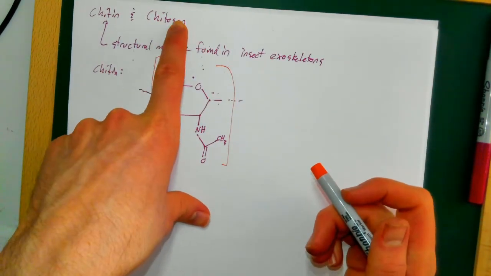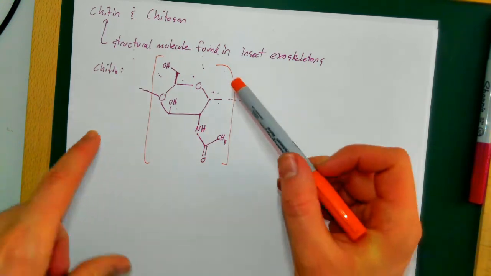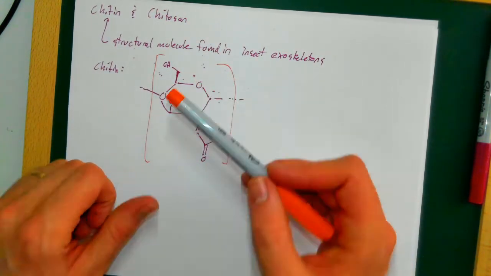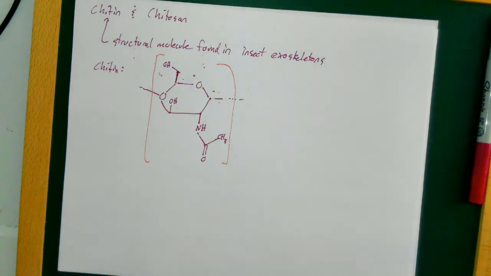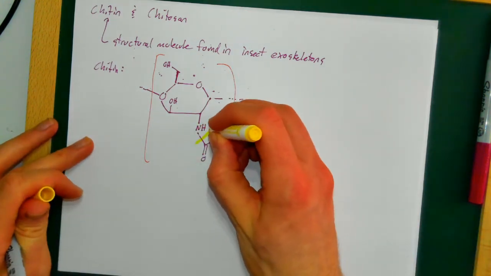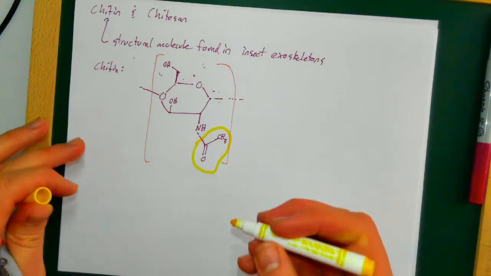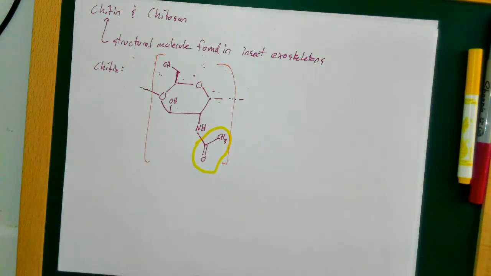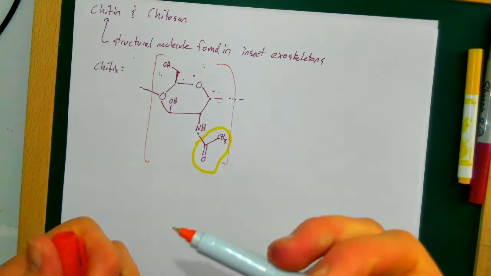Chitosan is a modified form of chitin, where the way we make chitosan is we often start with chitin, and we chemically treat it to remove this thing right here. And this thing right here is a so-called acetyl group.